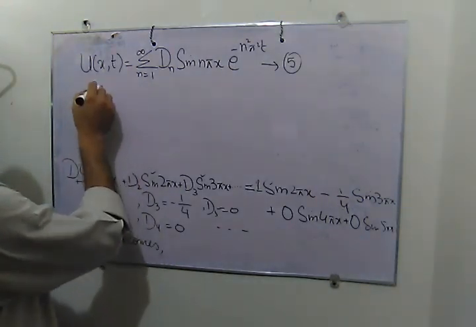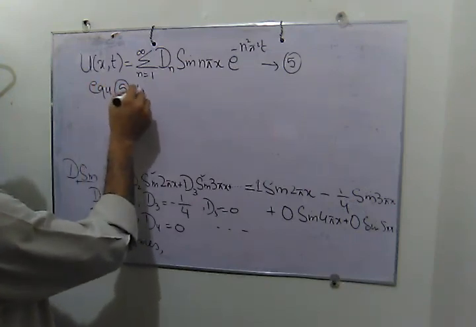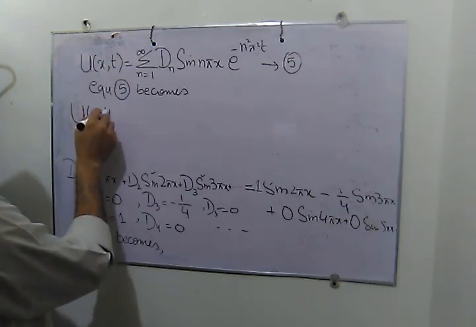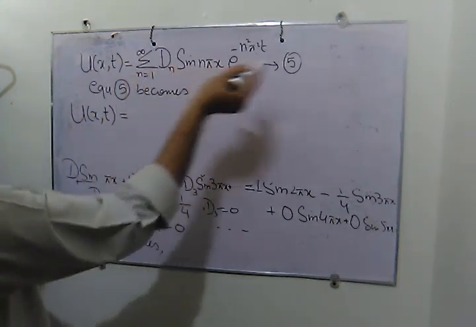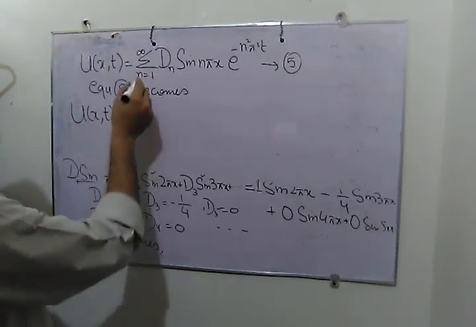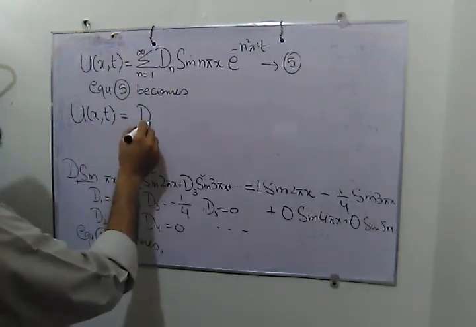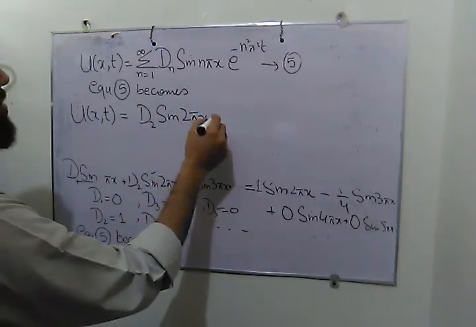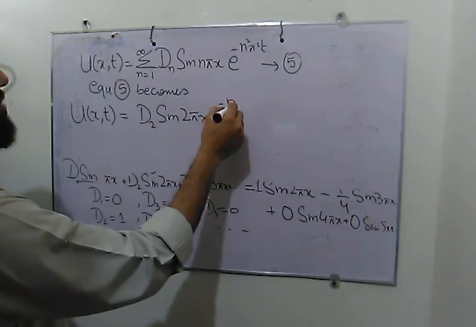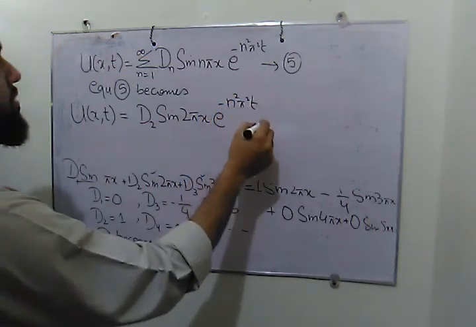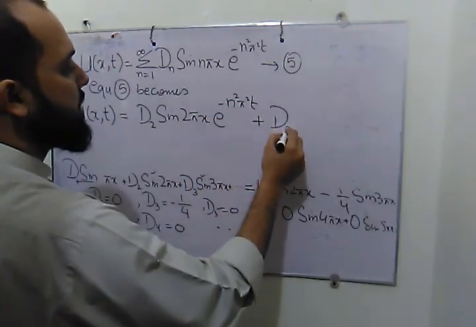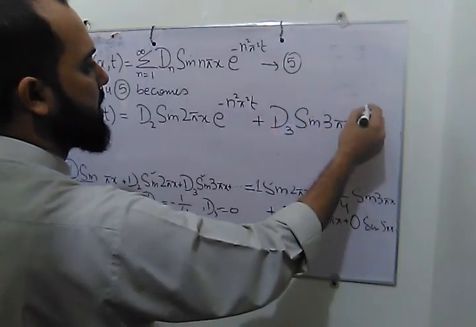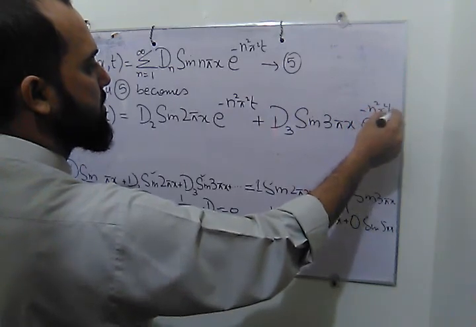So equation 5 becomes u(x,t), which is the solution of the partial differential equation. We have expanded the summation, so we are remaining with d2 sine 2 pi x exponential minus n square pi square t plus d3 sine 3 pi x exponential minus n square pi square t.